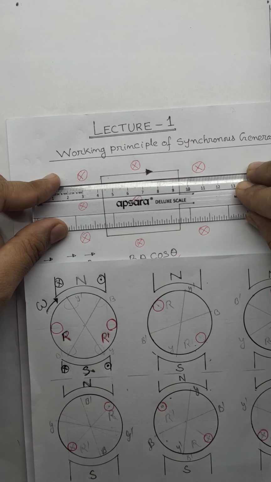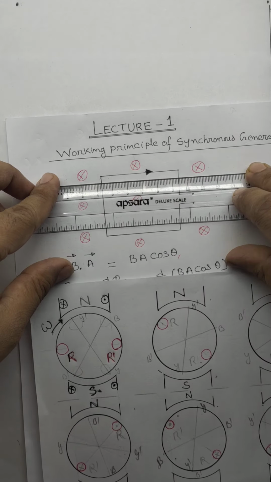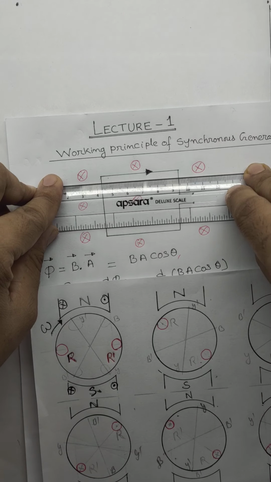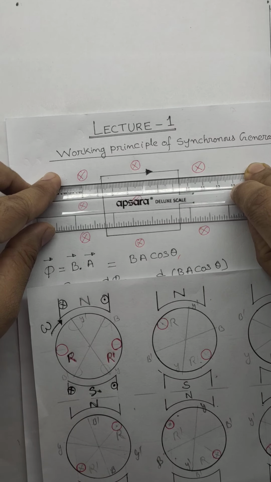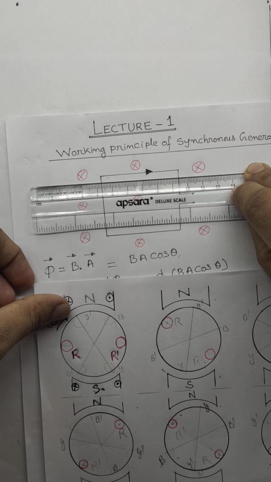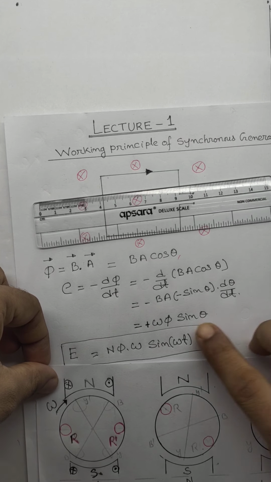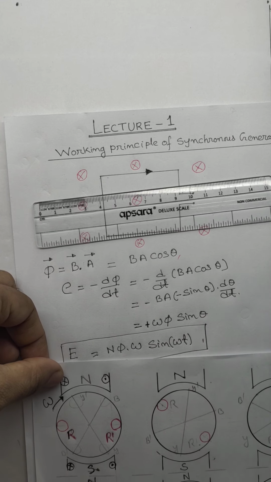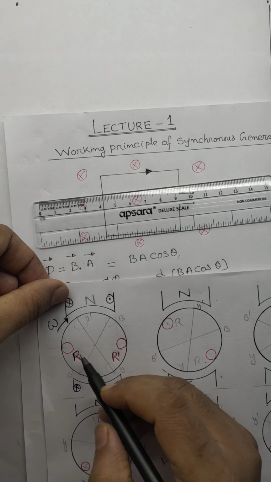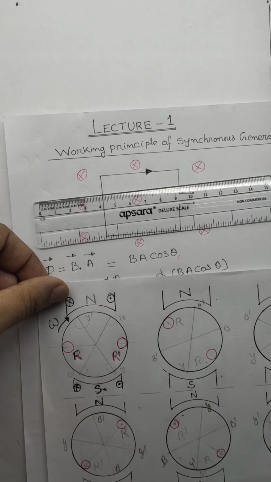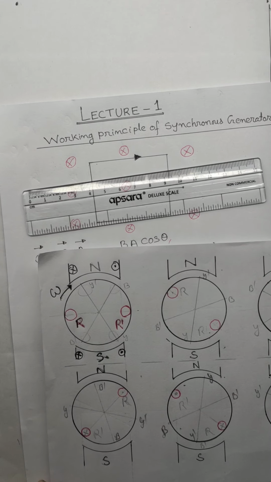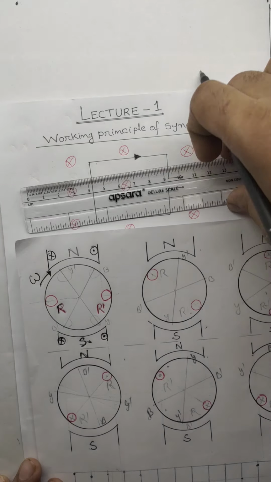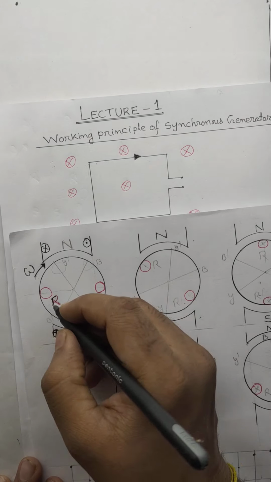So the flux linkage of this will be maximum because theta is 0, cos theta is 1, and hence the rate of change of flux linkage, that is the induced EMF, goes as sine theta. So for theta equal to 0, this will be 0. This represents a condition where theta is 0, and the induced EMF is 0. I have not given any direction here.